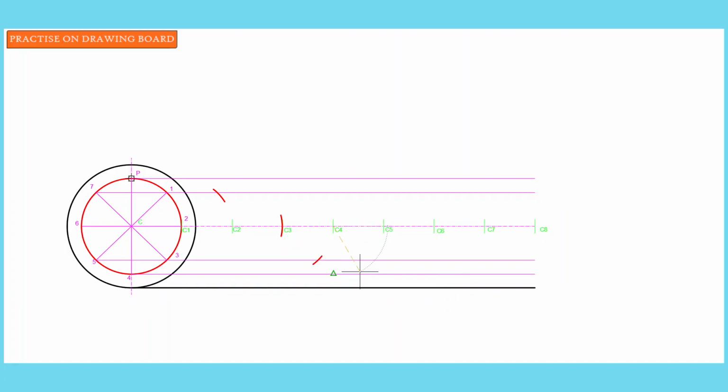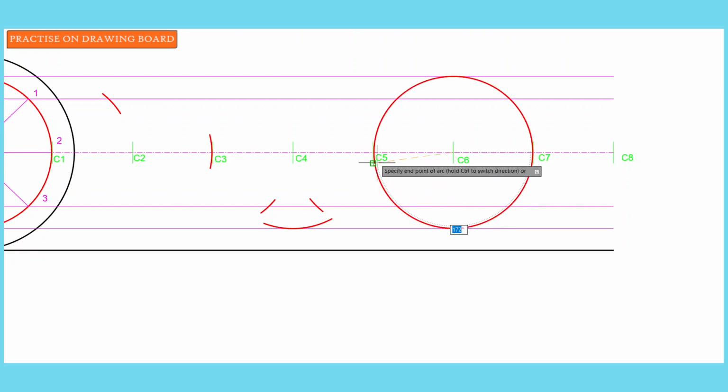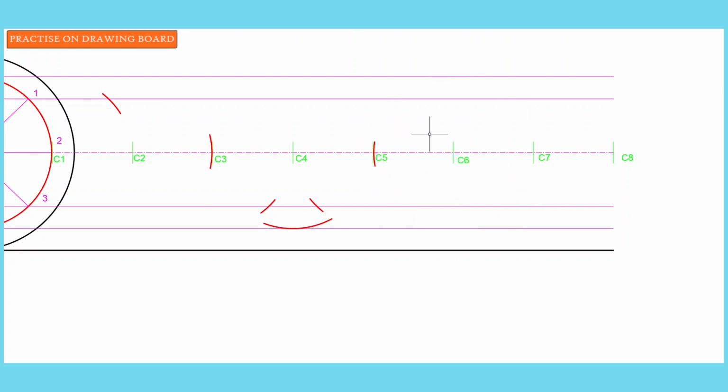Center 4, we look for the 4 horizontal line and draw an arc. Move to center 5. For the 5 horizontal line, this time we are drawing the arc to our left, so be careful. Don't draw it to your right. Then from center 6, we draw an arc through the 6 horizontal line, center 7, through the 7 horizontal line.